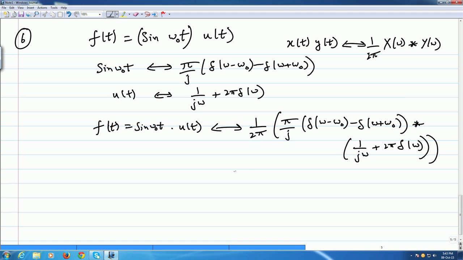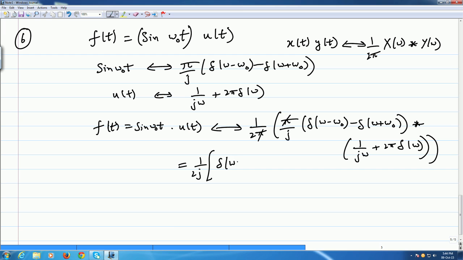Now, we can try and simplify. Okay. So, for instance, you can cancel pi and pull the 1 over 2j outside. So you get 1 by 2j times two expressions here, and one needs to be a little bit careful here. So let me just write it a little bit carefully.